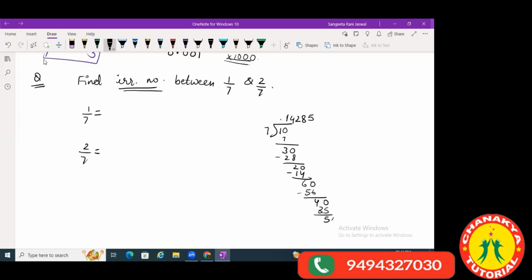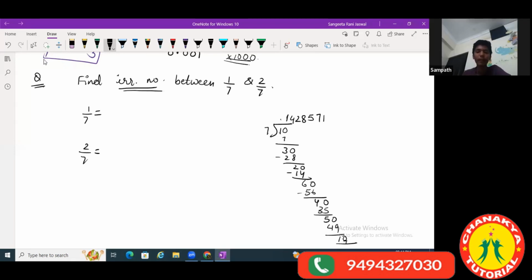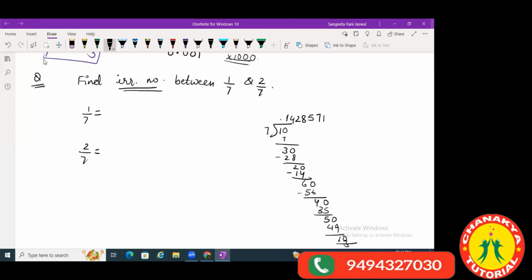I have 5 here, then again 0. Then it becomes 50. Then 7 7s is 49. Then 1, then 0. Now this will start again, right? 7 1 is 7. Then the same thing starts again. So here we observe that this string of numbers is repeating.